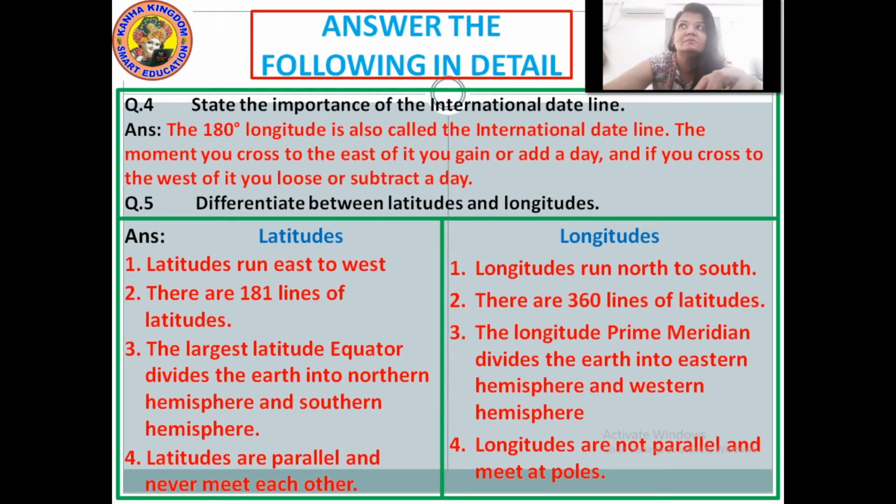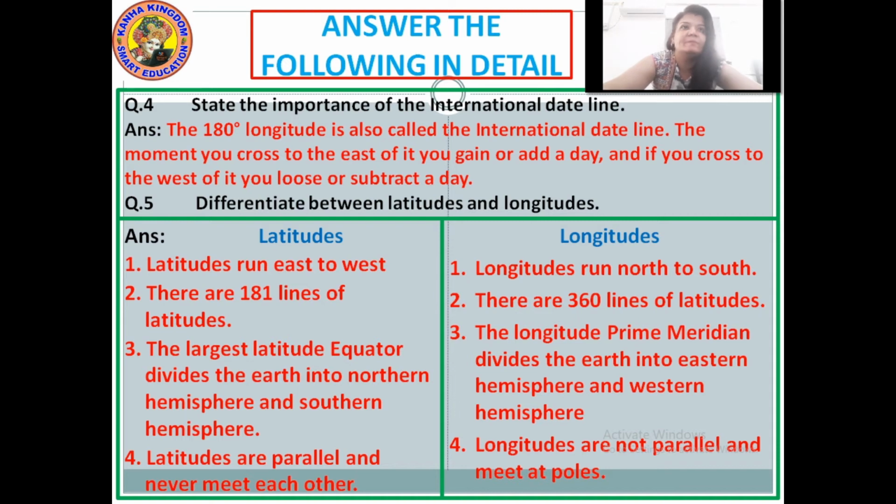Note it down. The largest latitude, the equator, divides the earth into northern hemisphere and southern hemisphere. This you have to write down in latitude, point number 3.